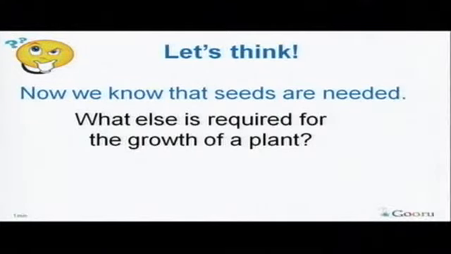I have told you in the beginning of the video that we required a few essential factors for the growth of a plant. So I am giving you 1 minute here to think over, have a discussion with your class and class teacher, and then you can hit the buzzer when you are ready with the answer. And the 1 minute starts now.